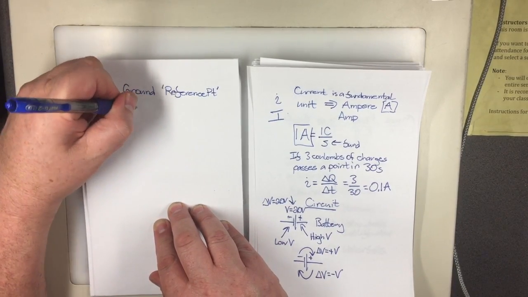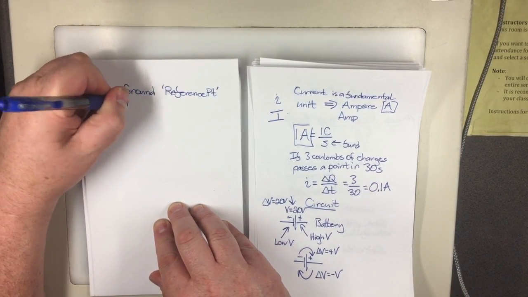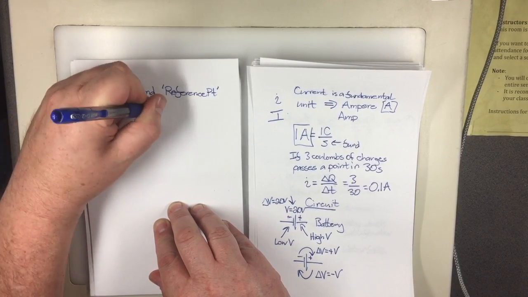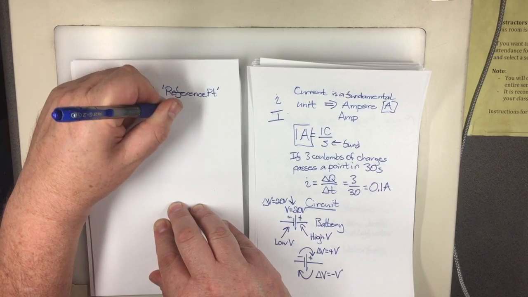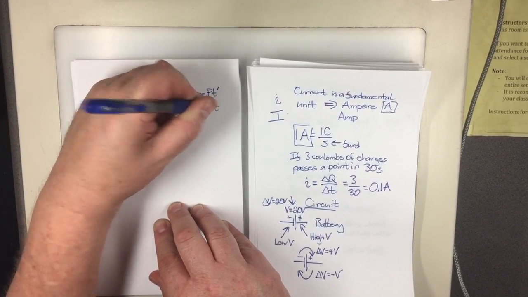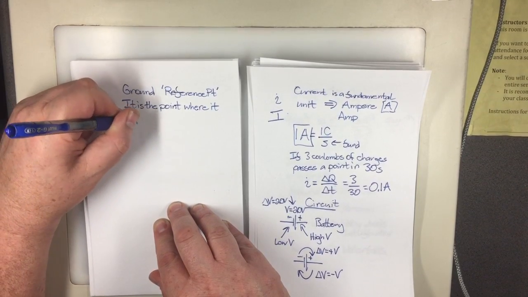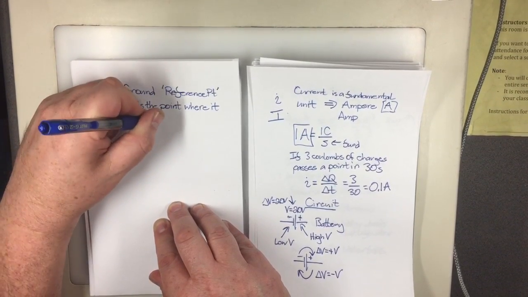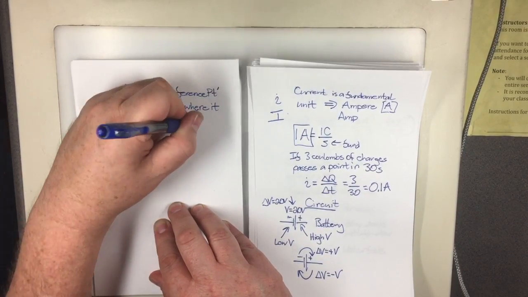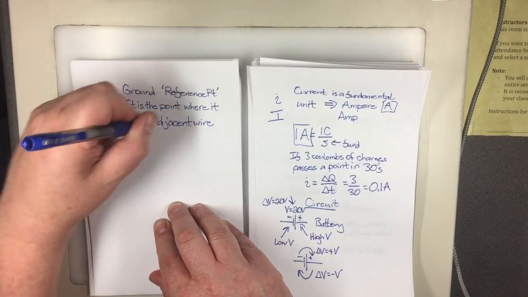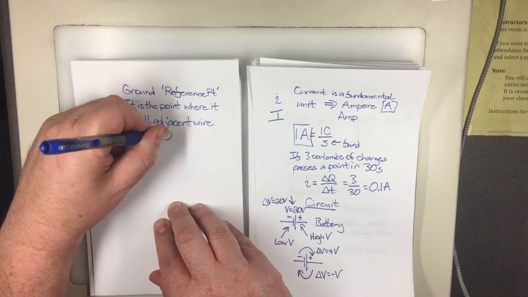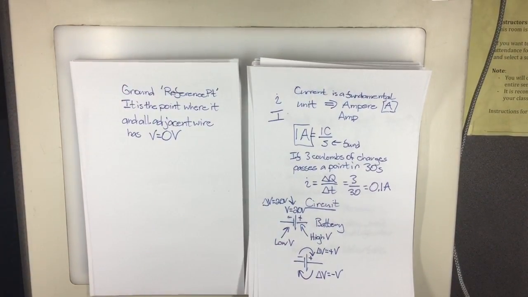A reference point is the point where it and all adjacent wire has a potential that equals 0 volts.